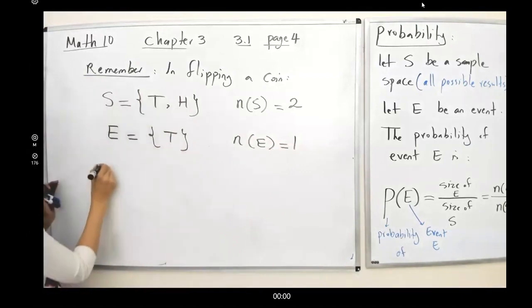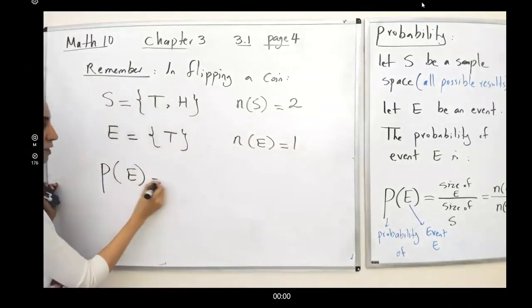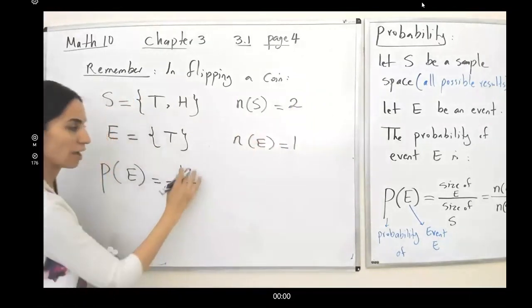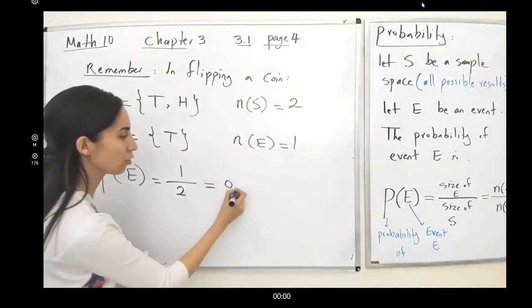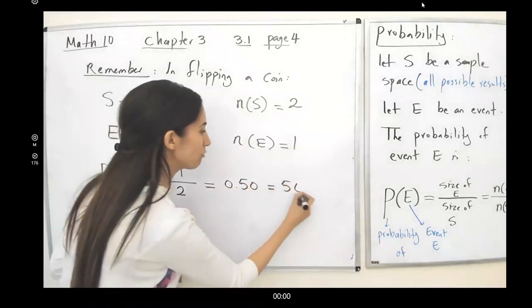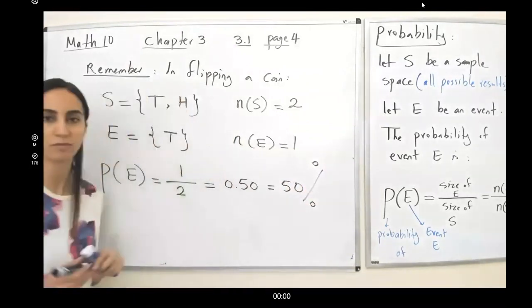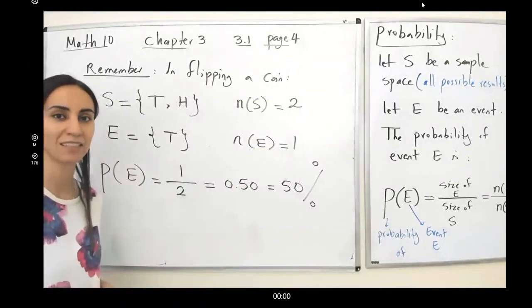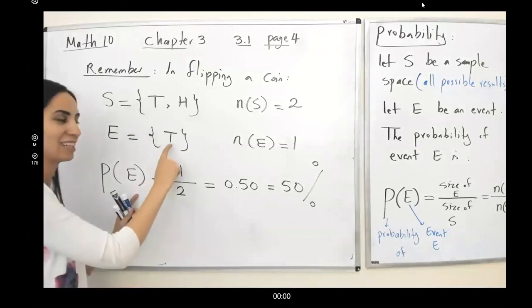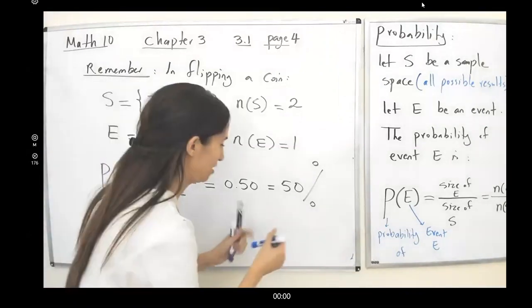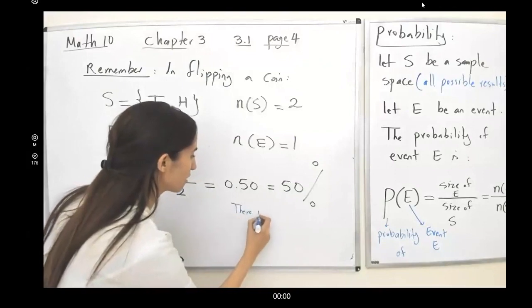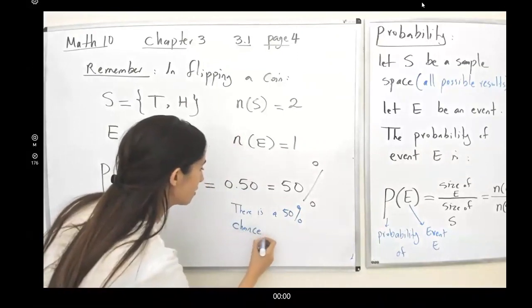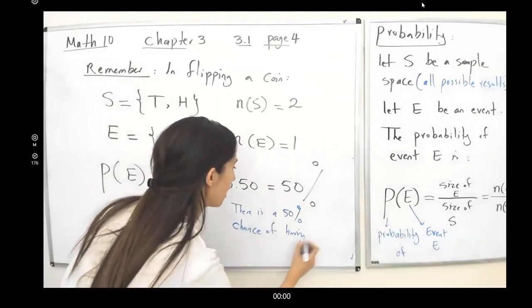So the probability of event E, which is n of E, 1, divided by n of S, 2, is a half, or 0.5, or 50%. There is a 50% chance of having a tail.